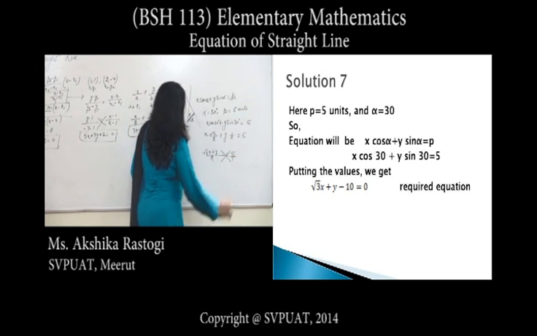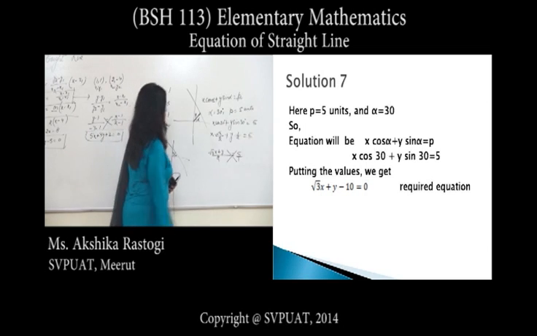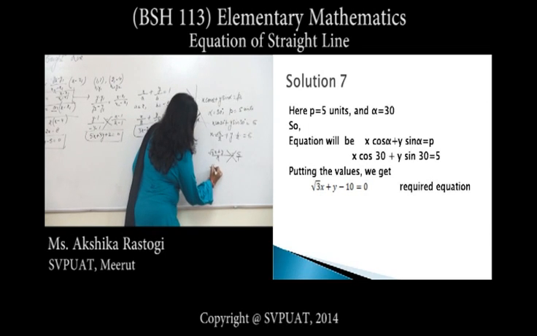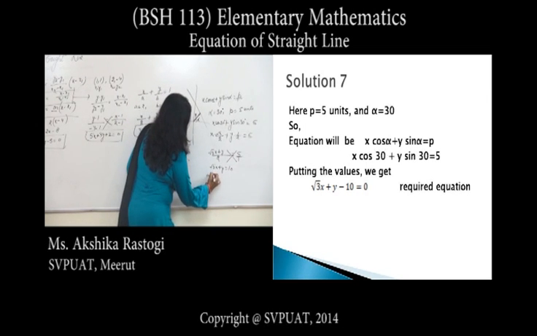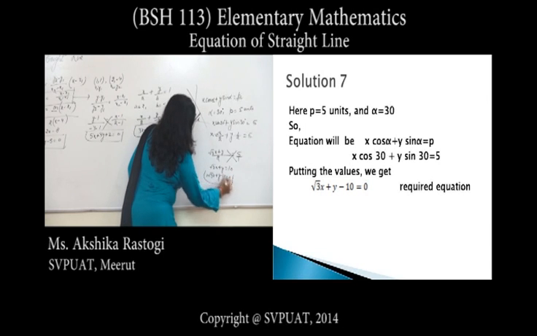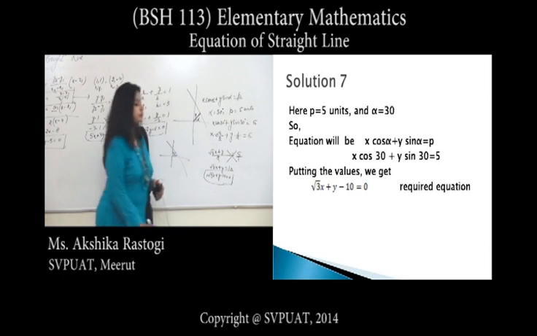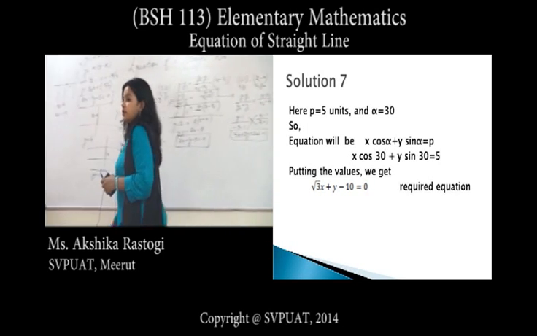After that, cross multiplication, this will be root 3x plus y equals 10. So our equation will be root 3x plus y minus 10 equals 0. And this will be the required equation.